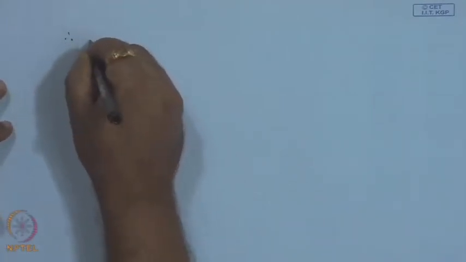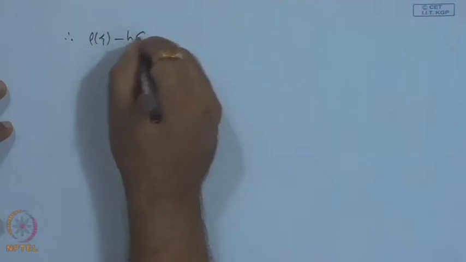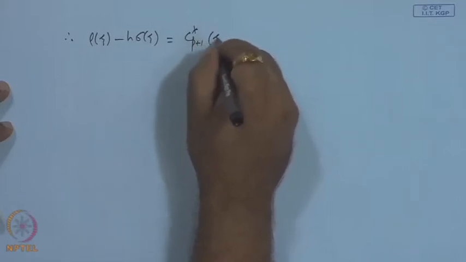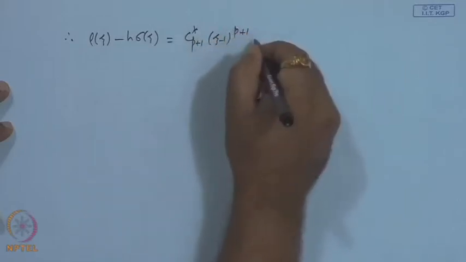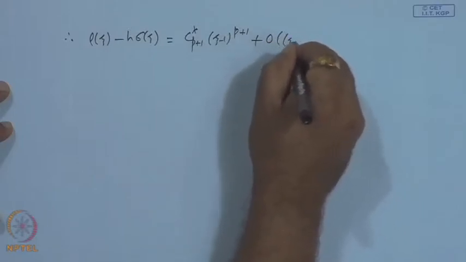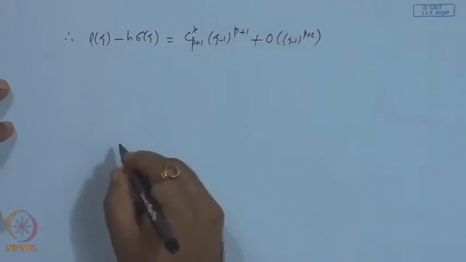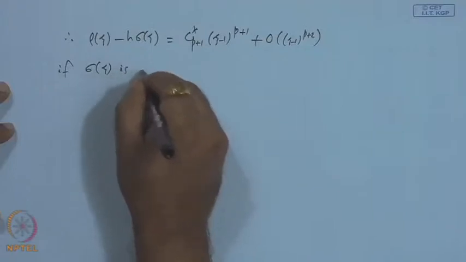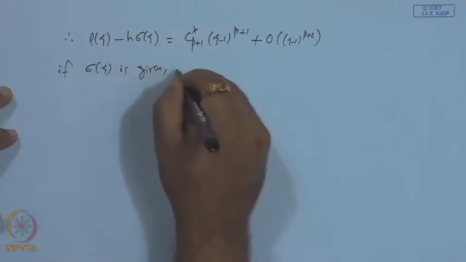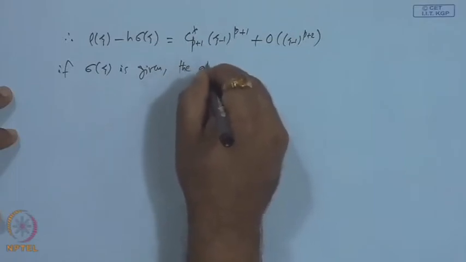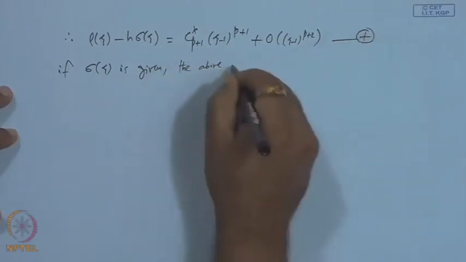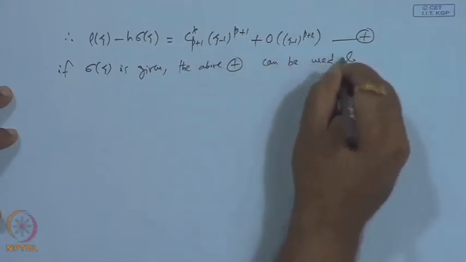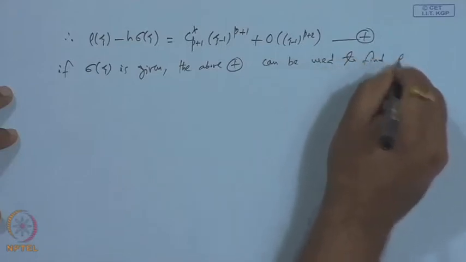So, therefore, if this is given, the above can be used to find rho.